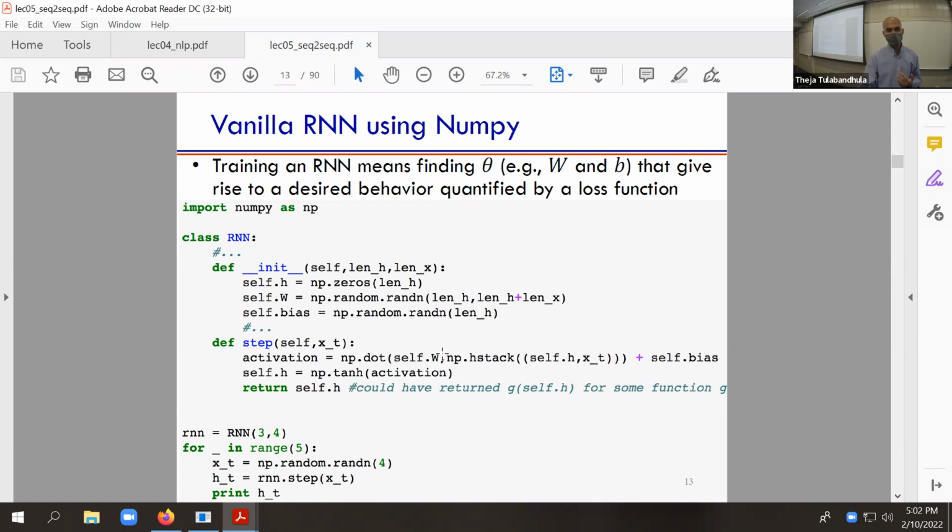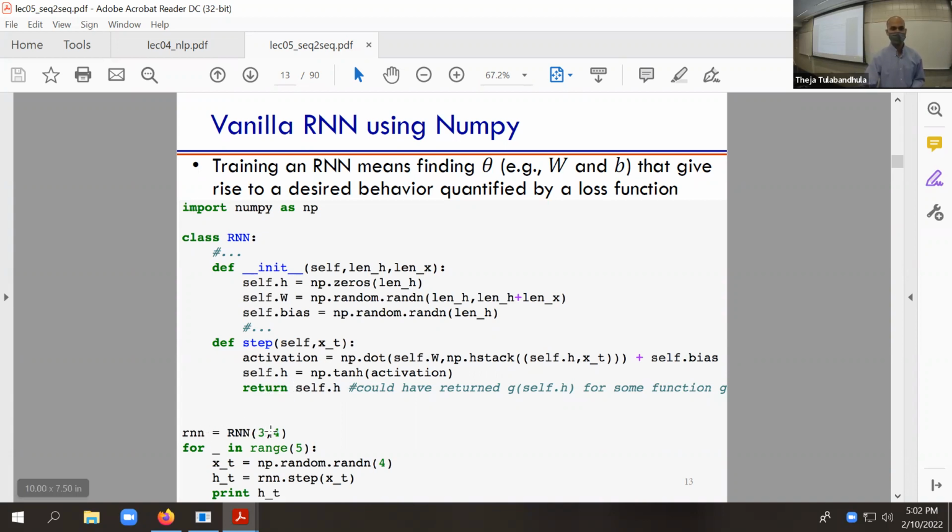Then I'm doing an np.dot with my current W and adding the bias. So it's basically Wx plus b, where instead of x itself, I'm concatenating with h and then multiplying with the linear transformation. Then I'm calling tanh on it, and that's h, overriding the previous h value. I can track this h outside, but you can track it inside as well.